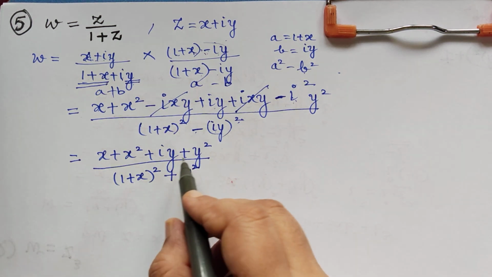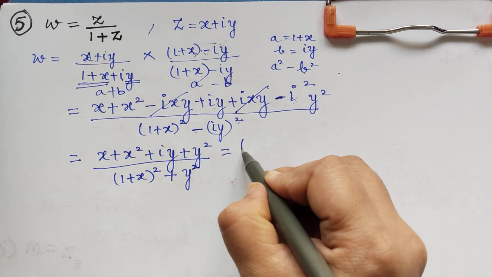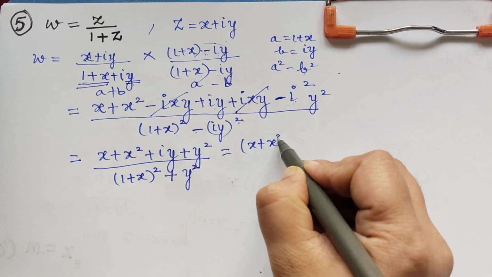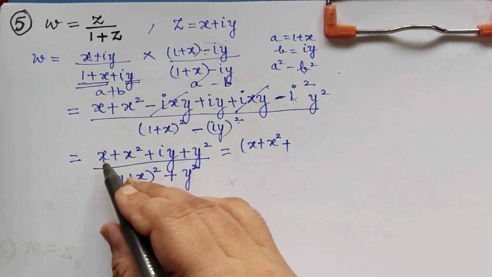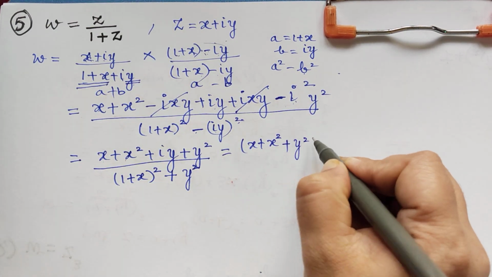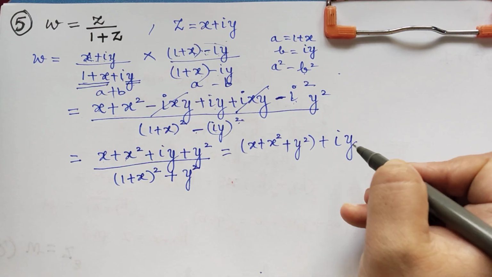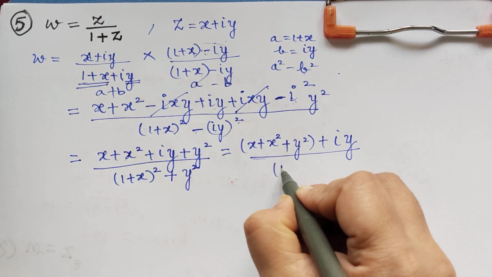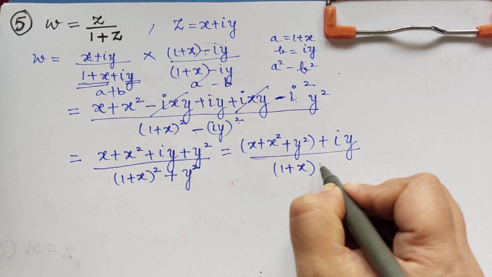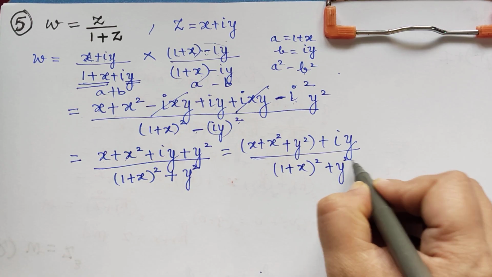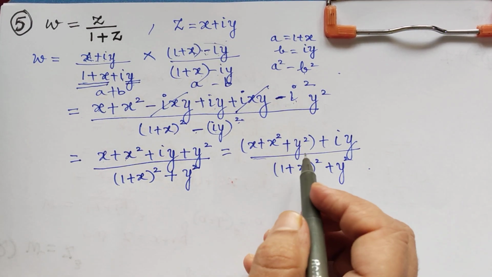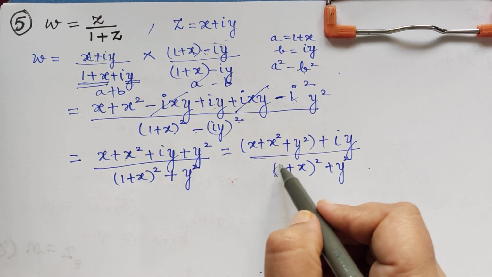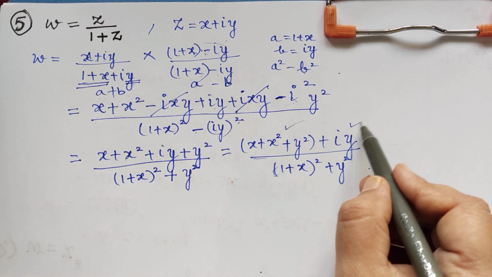Now we can separate the real part and imaginary part, that is x plus x square plus y square plus iy in the numerator, and in the denominator 1 plus x the whole square plus y square. Now if we separate the real part and the imaginary part, this denominator is common to both the terms in the numerator.